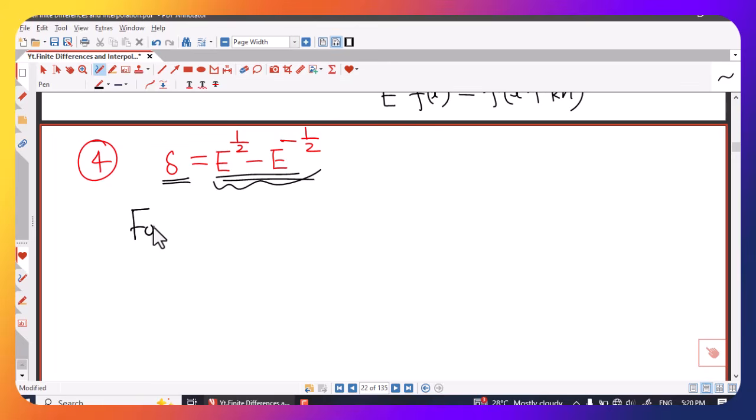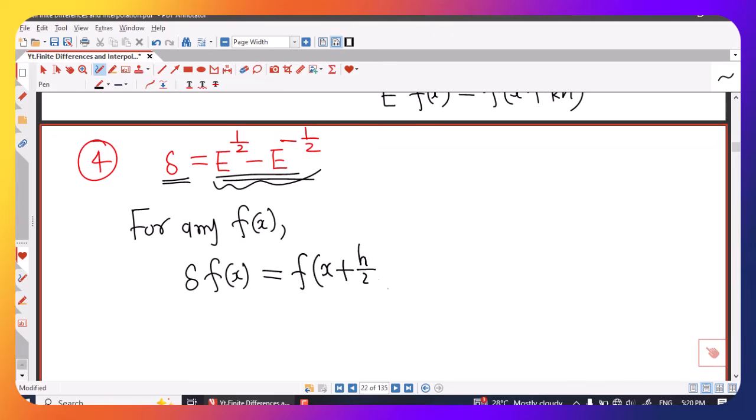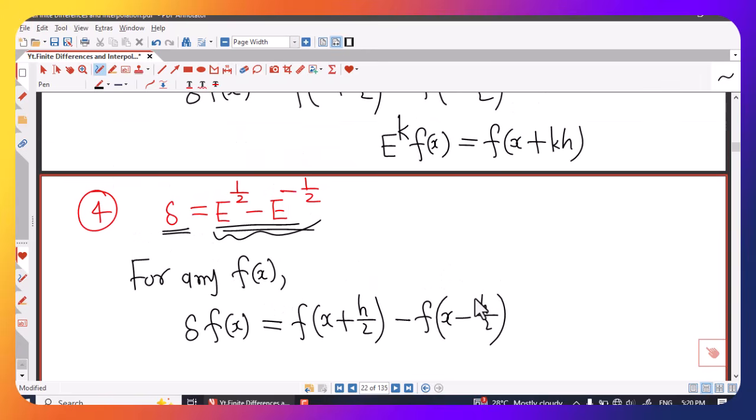Suppose we try to prove for any f(x). First we start with the left hand side, delta f(x). This is, by definition of central difference operator, f of x plus h by 2 minus f of x minus h by 2. And now you can use this property. If I have f of x plus kh, that is going to be e to the power k f(x).